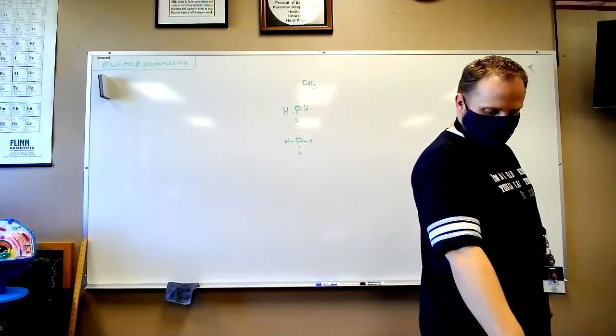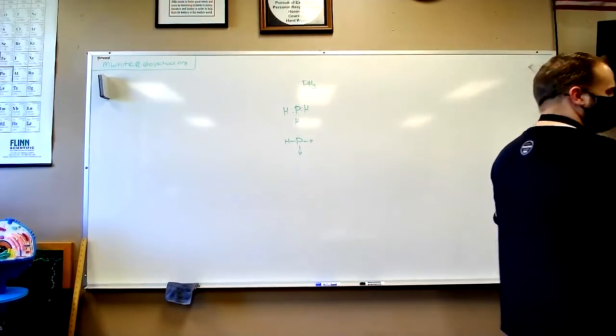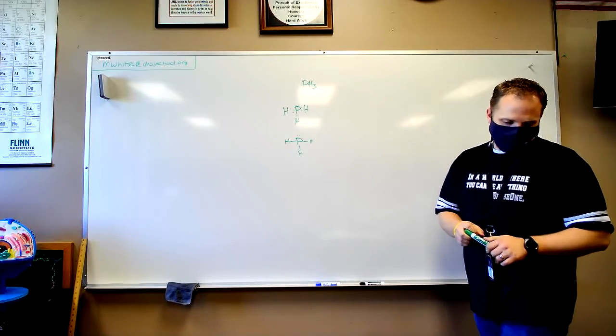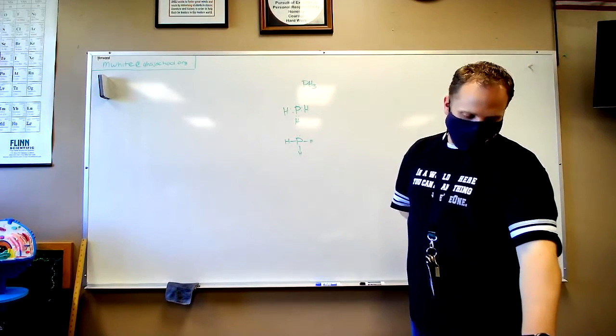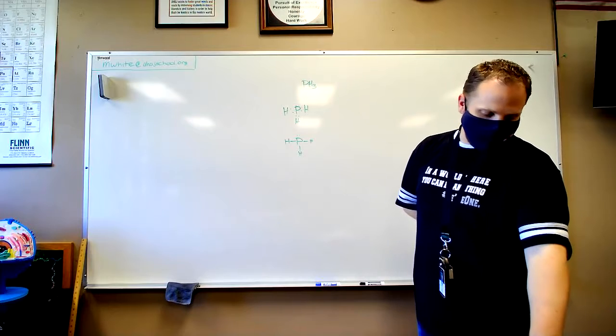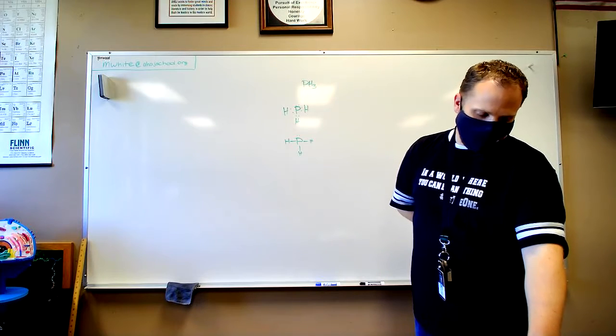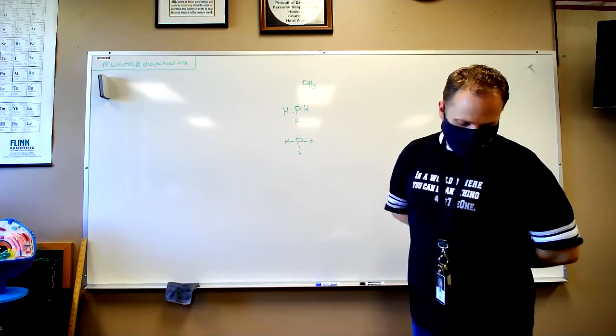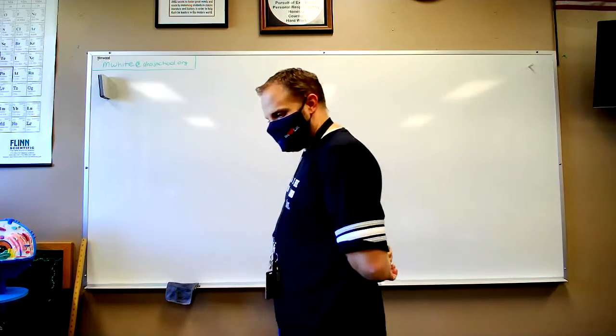Place bonding pairs. Start with just doing a single bond between the central atom and everything else. And then how many do you have left over? Sometimes you may not have any left over, but sometimes you do. If you have any left over, fill them in where you need more electrons.